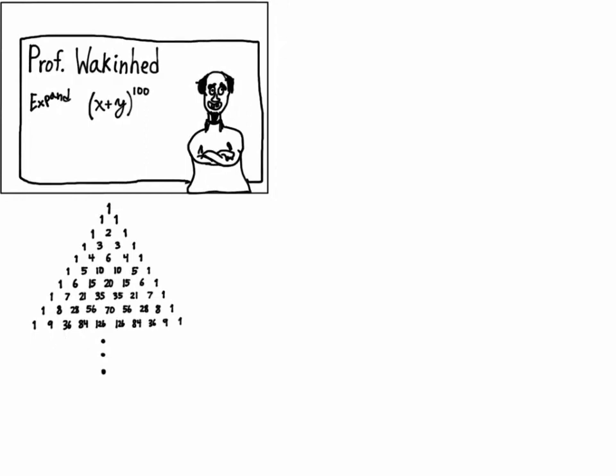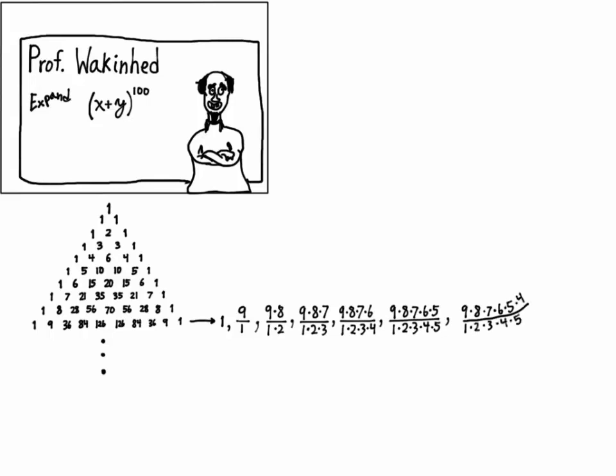And to explain that trick, let's take a look at the pattern in one row of Pascal's triangle. If we look at the ninth row, we see that the numbers in the ninth row are actually the combinations: 9 choose 0, 9 choose 1, 9 choose 2, 9 choose 3. This comes from combinatorics.